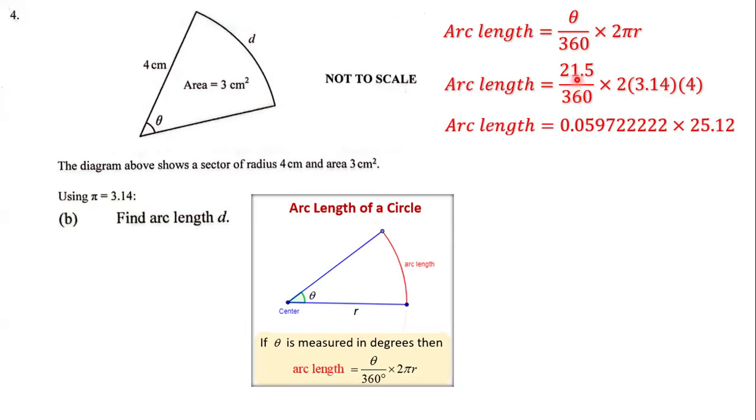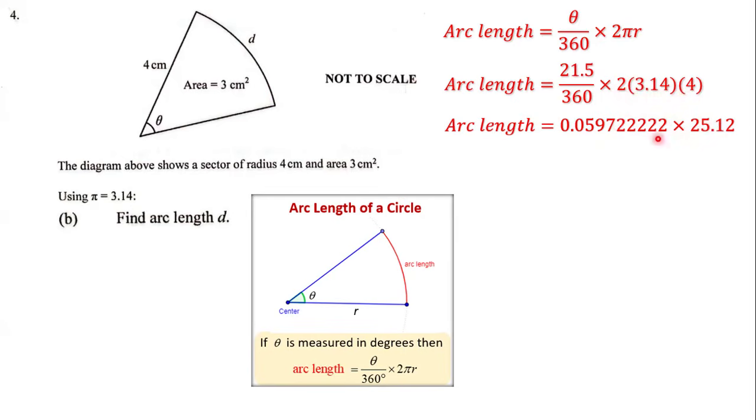So we have 21.5 divided by 360, and that gives us 0.0597222222. And we have to multiply that by 2 times 3.14 times 4, and that gives us 25.12.